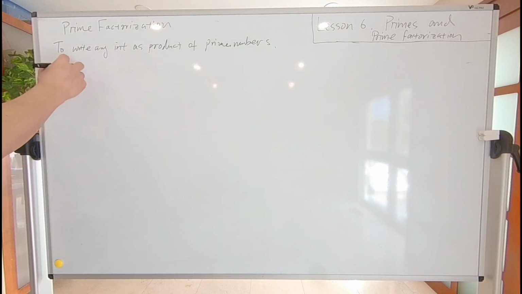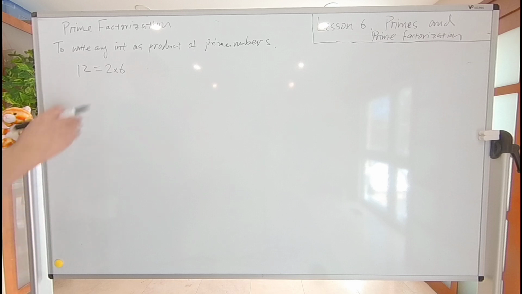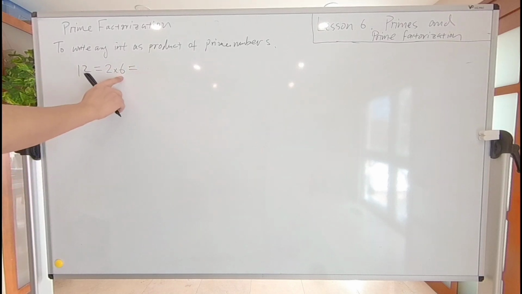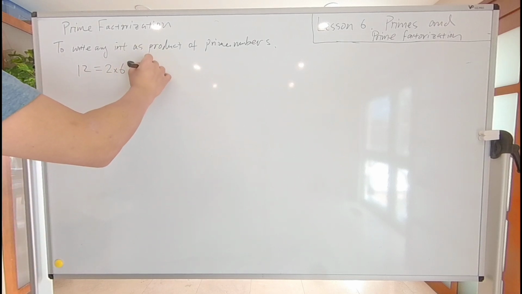Right, so for example, the number 12. There are many factors at a glance, but I can just start writing from some obvious factors. First of all, it can be written as 2 times 6, and then obviously the number 6 can be further broken apart. So 6 is 2 times 3.